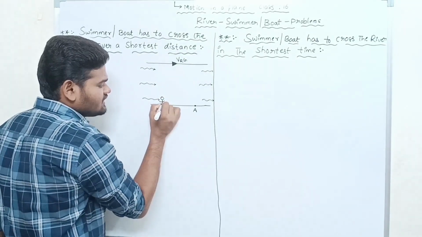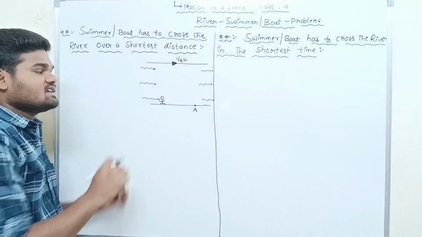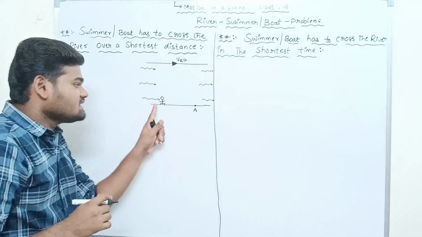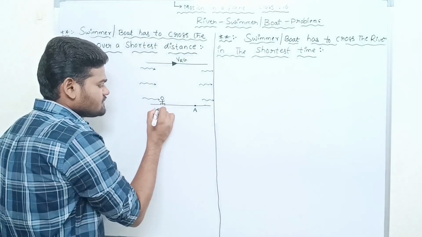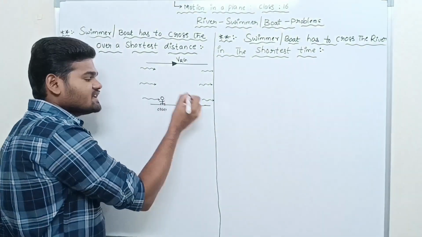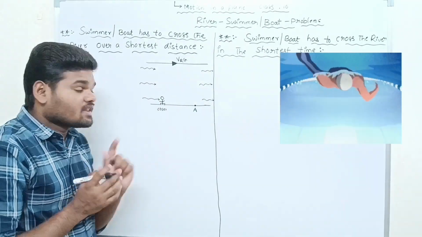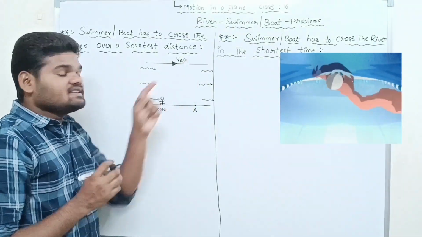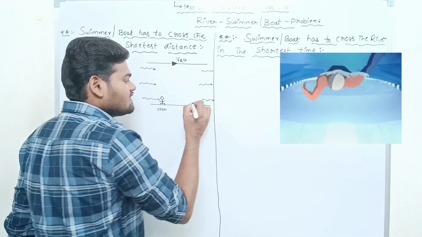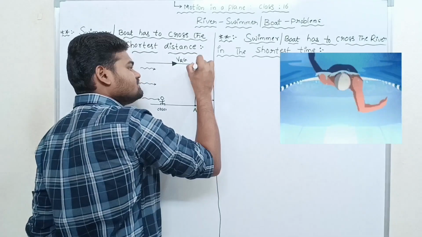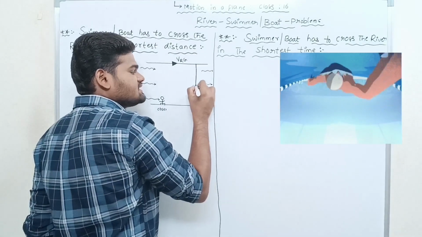Now this observer is inside the frame of reference, and he is observing the swimmer. With respect to this observer, whatever the path of the swimmer is, it looks like a straight line path. What is this?